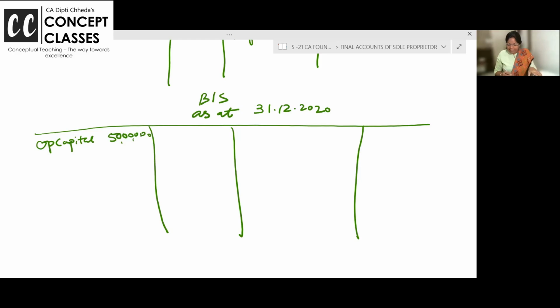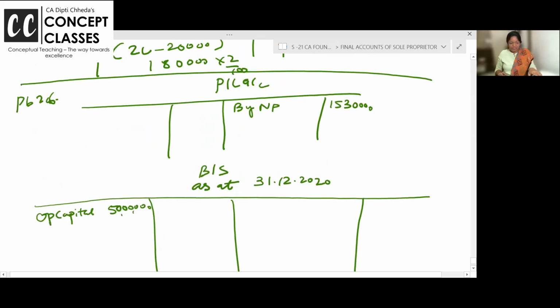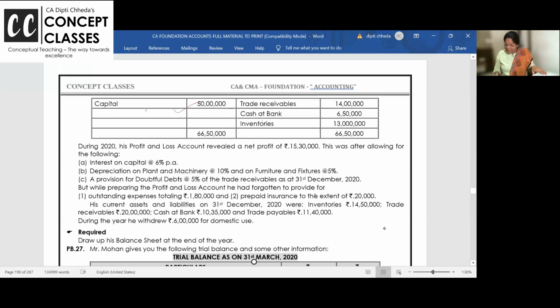During the year, P&L revealed a net profit of 1530. This was after allowing, underline the word. मैं भी जाऊंगी problem में और I will also underline. So beautiful adjustment this is. Read the problem. This net profit is after allowing all this. Means you will give only one effect. You will not give two effect.